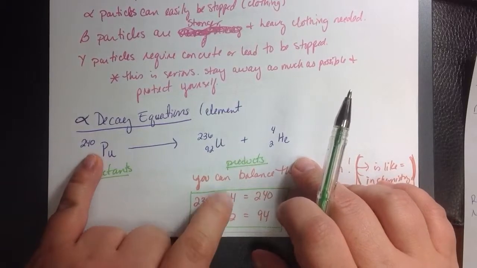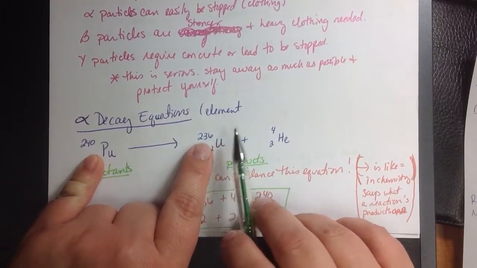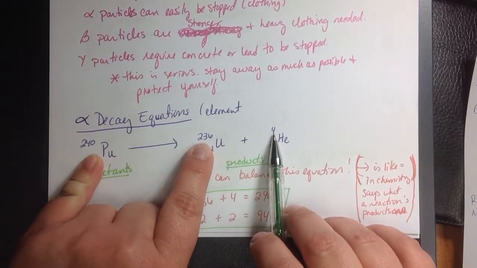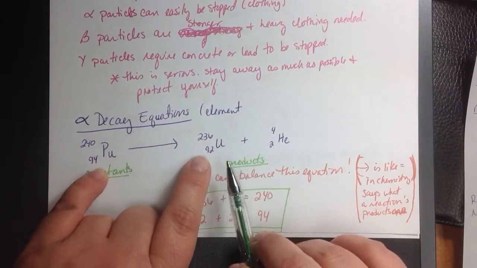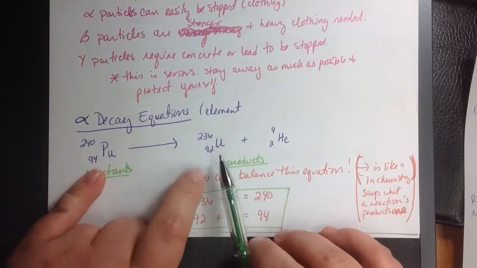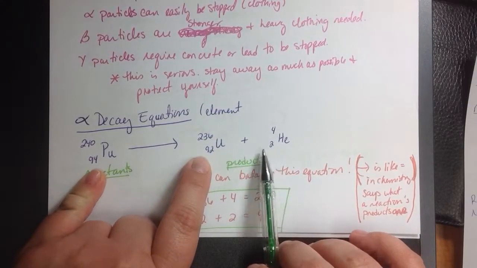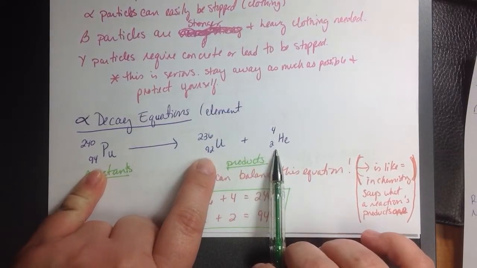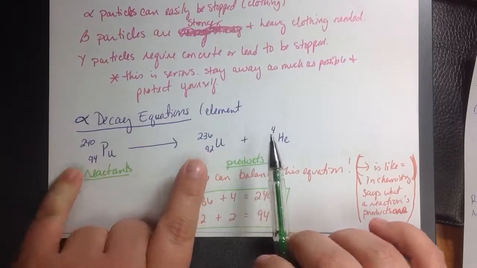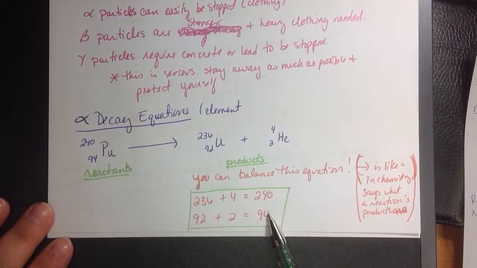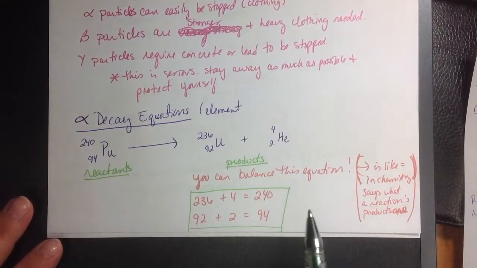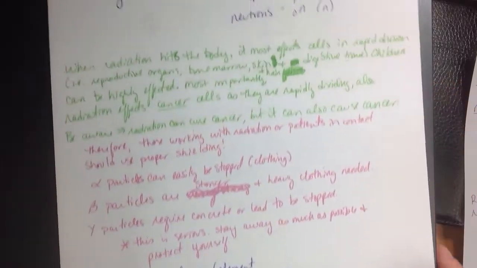You see how this is 240 up here. If we add 236 and 4 over here, that equals 240. And the same at the bottom: we have 94 protons, and here we have 92 and 2. Therefore, this is balanced on the bottom and balanced on the top. That is now a balanced equation. See how I added these here? Okay, good. So that's what alpha decay looks like.